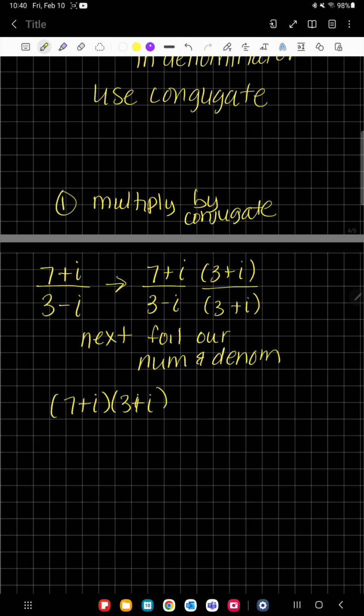Alright, and so we'll do 7 times 3 and 7 times I, and those are both positive, and then positive I times 3, and then I times I squared. And what's I squared?